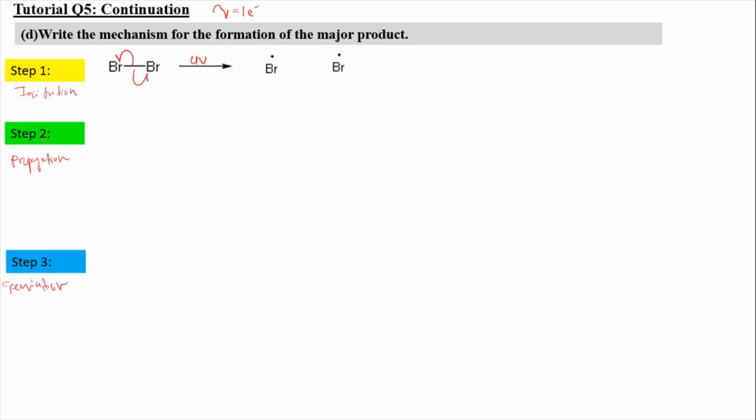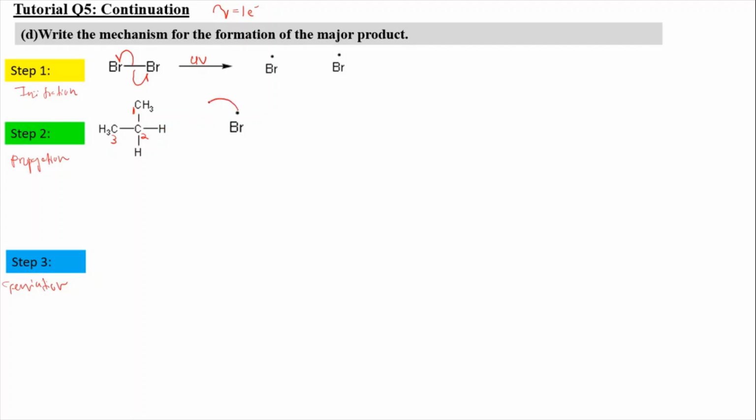Now in step 2, we will generate another free radical. The alkane that we have in the earlier slide is CH3CH2CH3, and I draw it this way because we are going to substitute carbon number 2. This is carbon 1, carbon 2, and carbon 3. The bromine free radical produced in step 1 is carried forward into step 2.